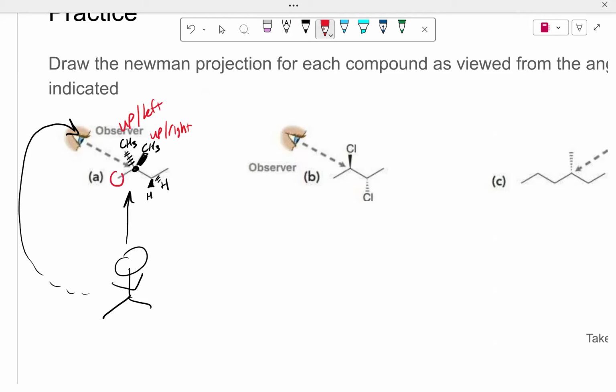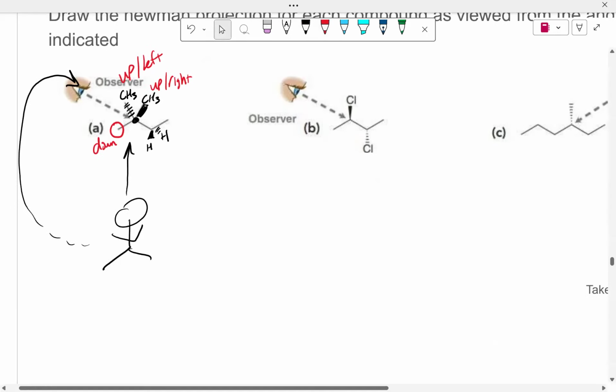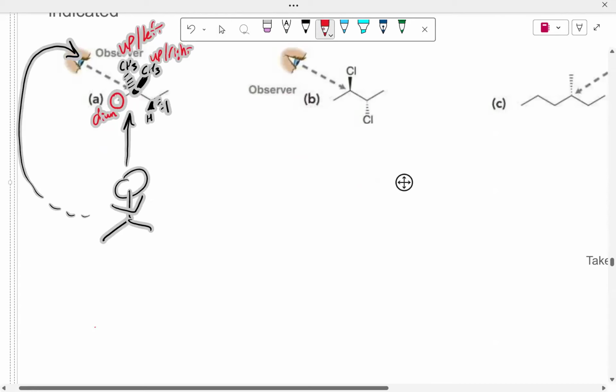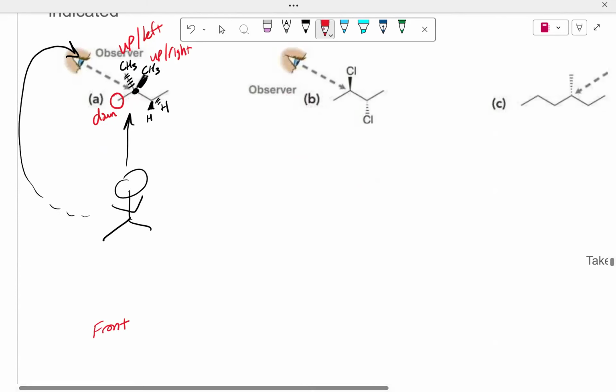And this guy right here would be sticking straight down. So if I draw the front carbon for that, this is what I would be observing. I have that CH3 down there. There's that CH3 that's up and to the right. And there's the CH3 that's up and to the left.